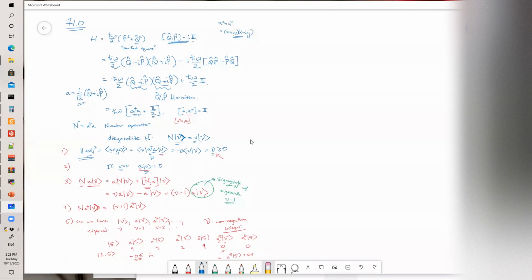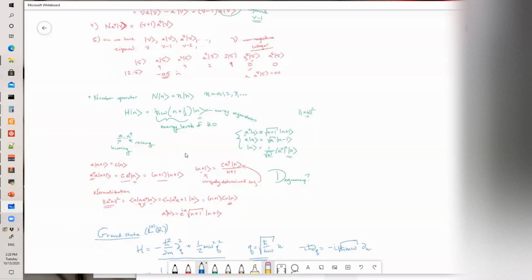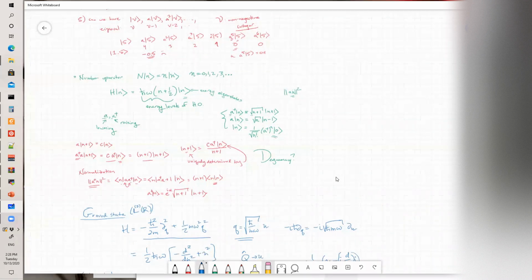Could you remind me how you got that pi to the 1/4 again? Well, so we know that the eigenstates have to square integrate to 1, right? I can stick in a little du here, completeness relation, in terms of that rescaled coordinate. So I should get that psi of 0 of u square integrates to 1.